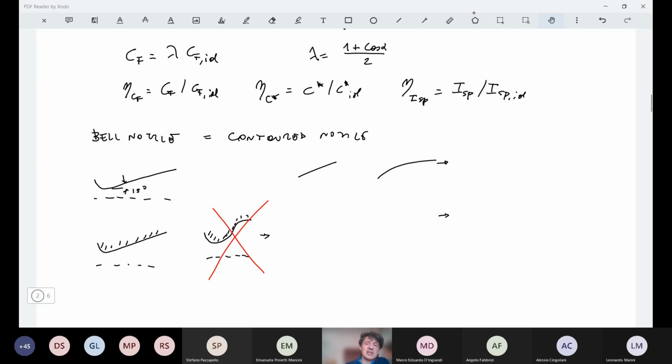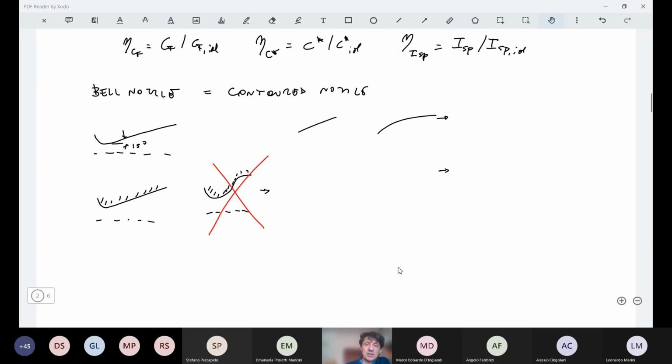And actually you can study, and probably you have done something about that, the nozzle shape based on the method of characteristics, at least as a first understanding.